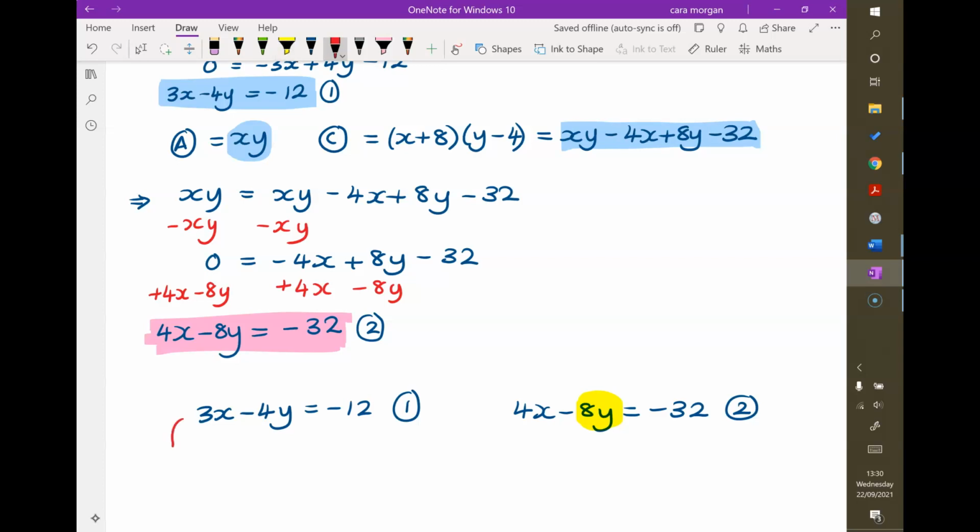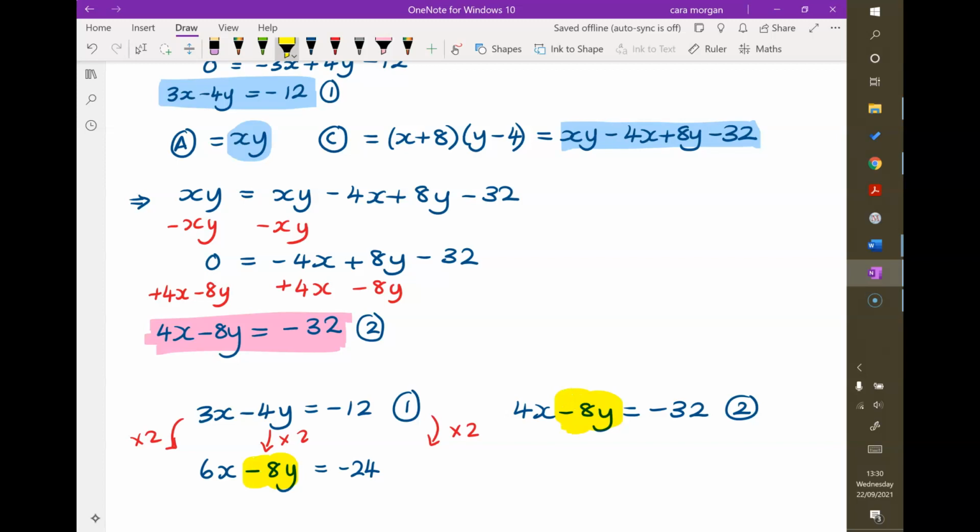If I multiply everything in equation 1 by 2, which means absolutely every single term has to get twice as big, I would have 6x minus 8y is equal to negative 24. That means I've got two equations with negative 8y in.